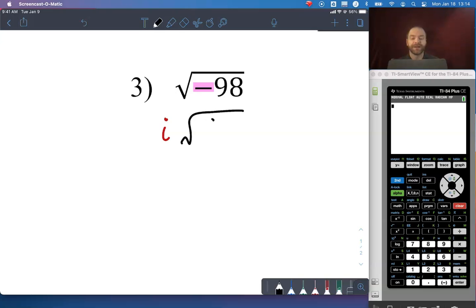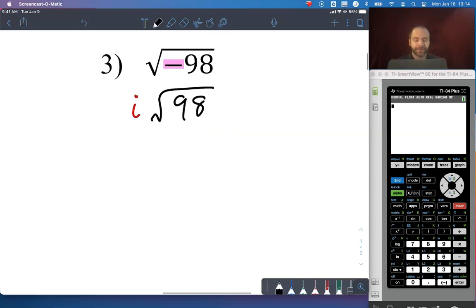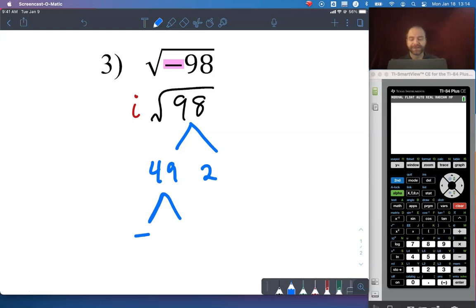So I have the square root of 98 on the inside, but that negative comes out and becomes an i. So 98. Well, again, I'm going to keep trying perfect squares. I know that 98 is 49 times 2, and 49 is 7 times 7. Again, I'm going to show you why it works.